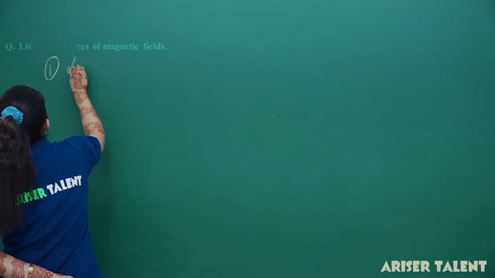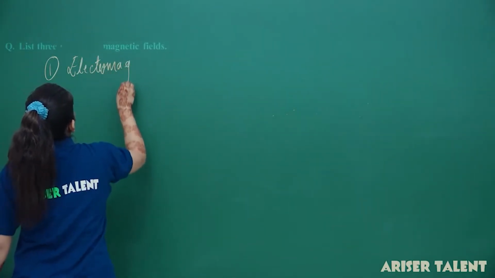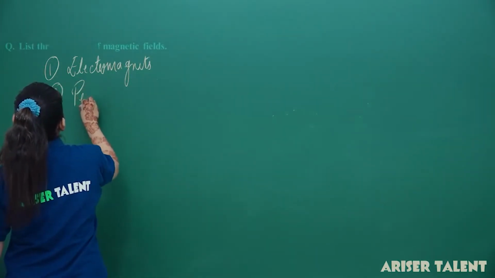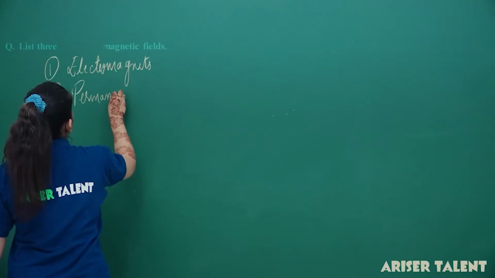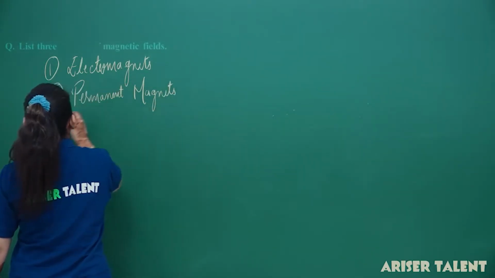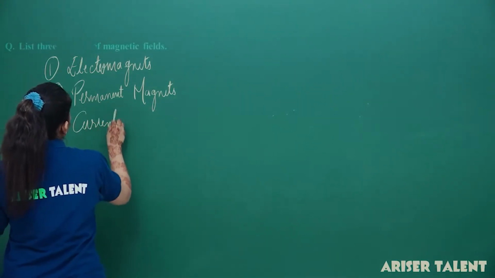First one is electromagnets. Second one is permanent magnets. And the third one will be current carrying conductor.